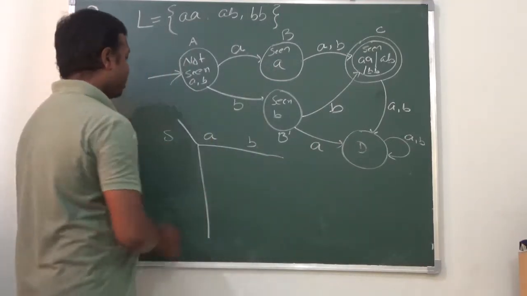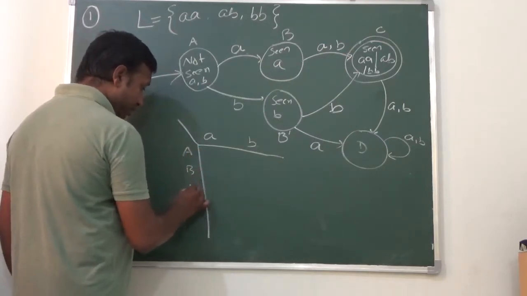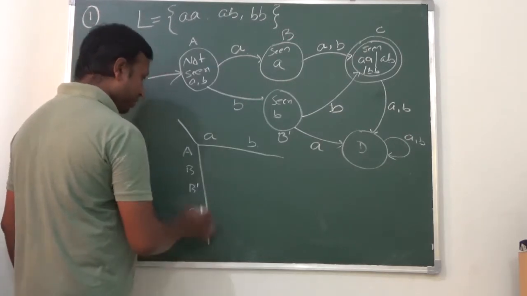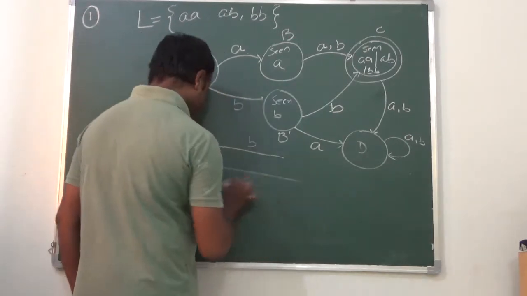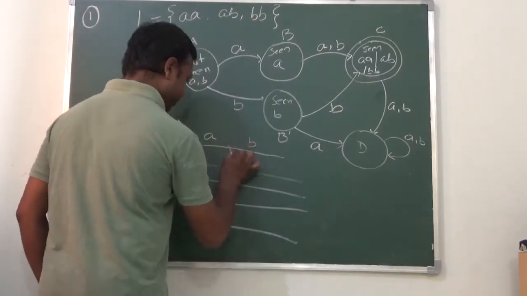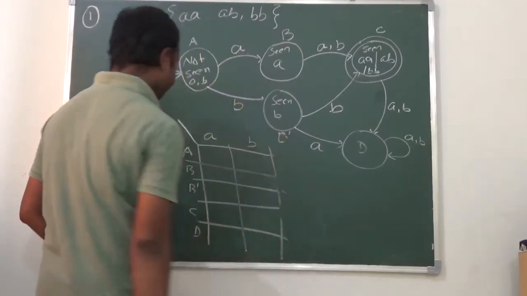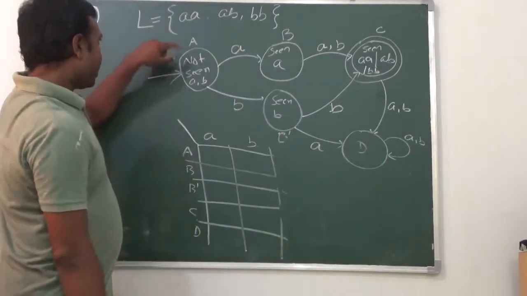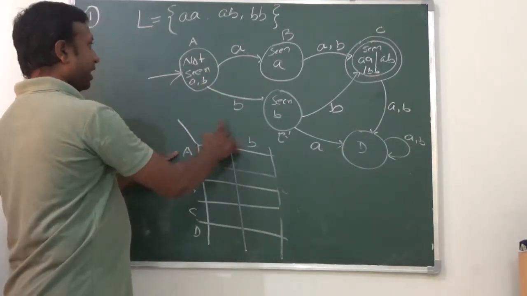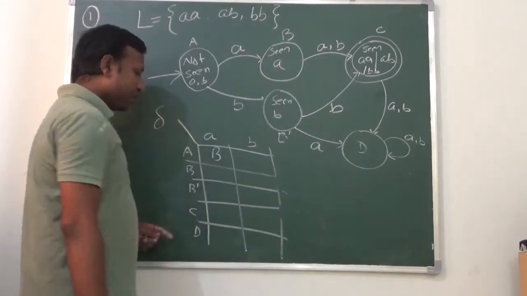And then I have the states A, B, B dash, C and D. Now if you look at this state A, and if you are getting an A, then you are going to the state B. So this is what the delta is.